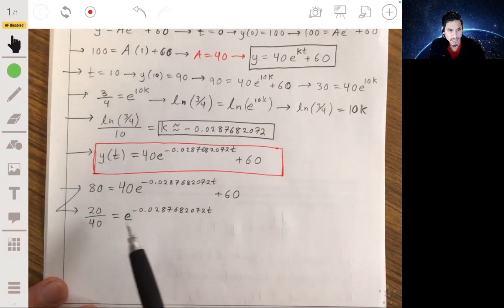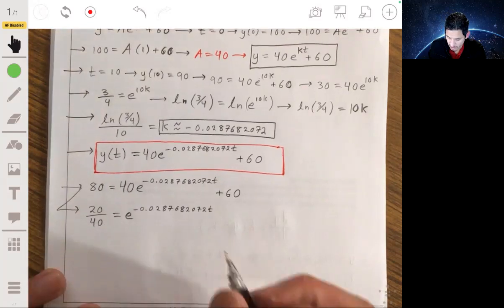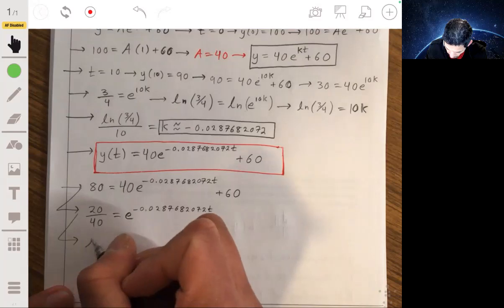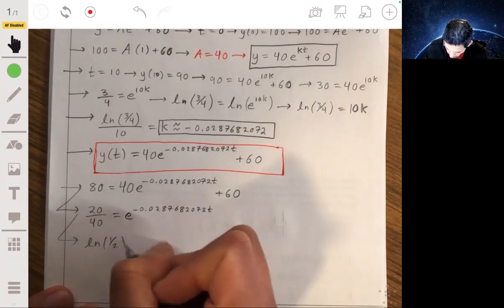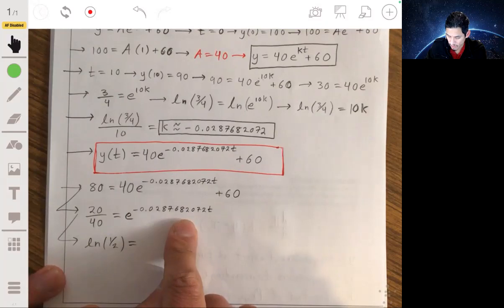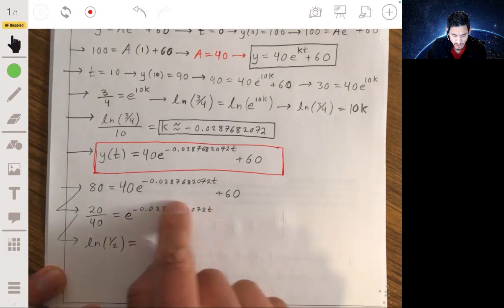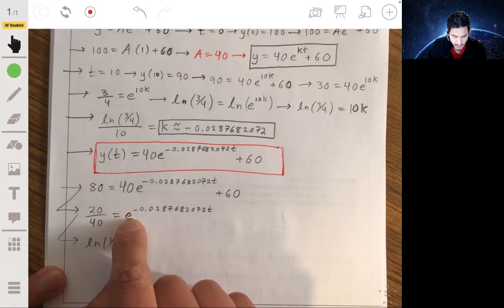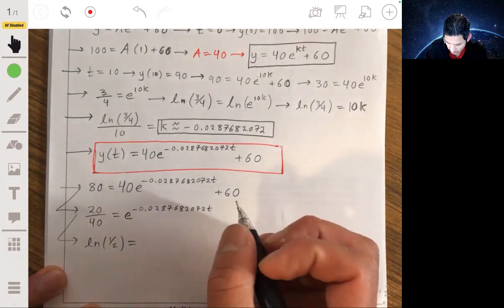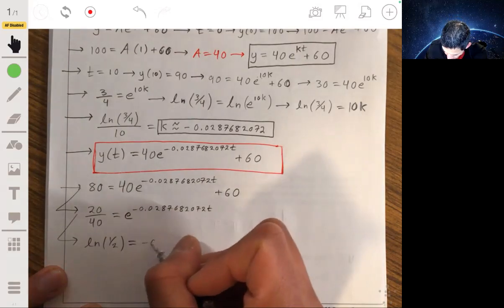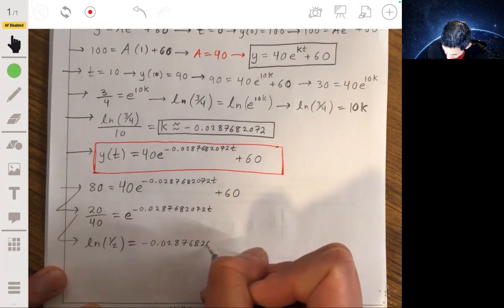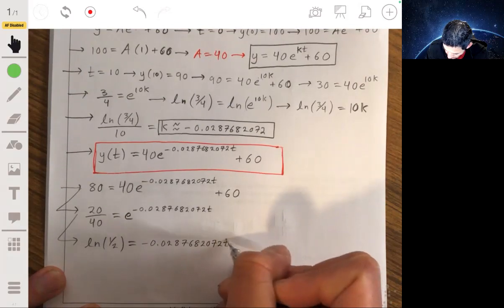And now I can just take the natural log of both sides again. The natural log of 1/2 will be equal to the natural log of this, or it'll just be equal to this, because if I take the natural log of e to a power, that'll just be the power. So the natural log of 1/2 will be equal to negative 0.0287682072t.